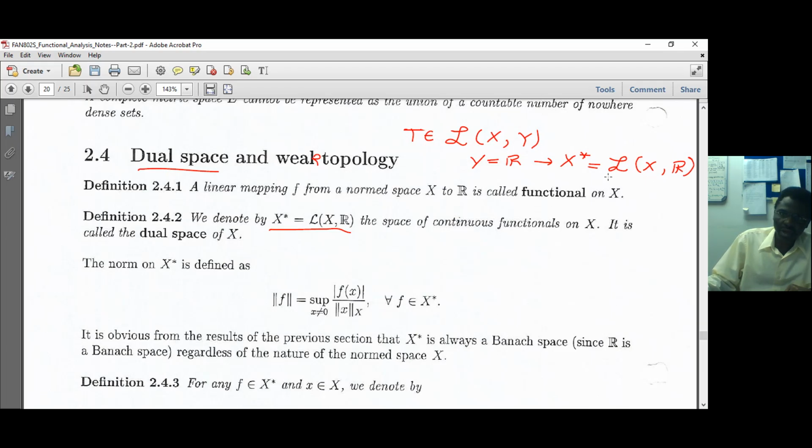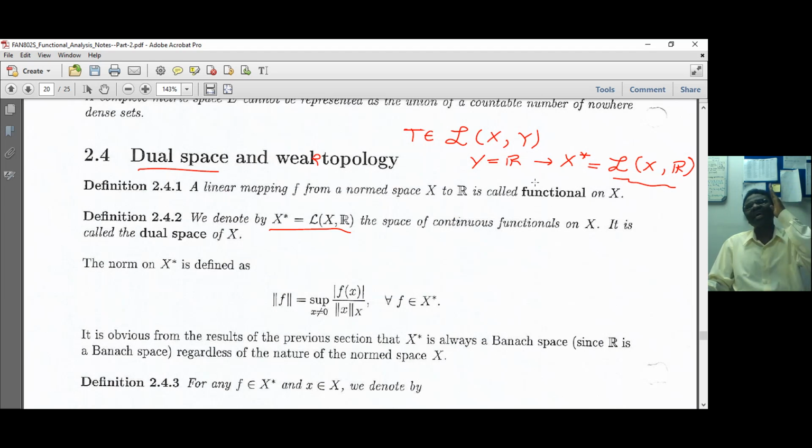And all the results that we know about this apply to X star. So that's the dual of a given space X. If you are given X as a norm space and you want to define the dual, you take the space of all bounded linear maps from that X to R. We call it X star.